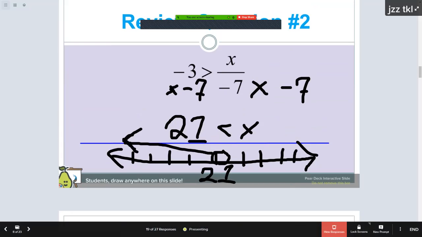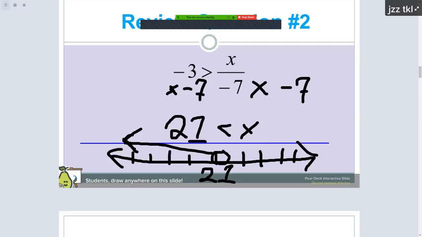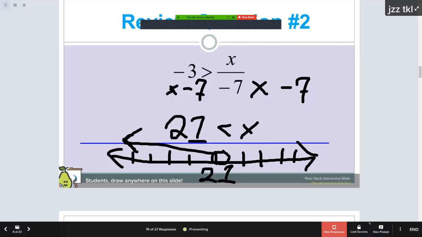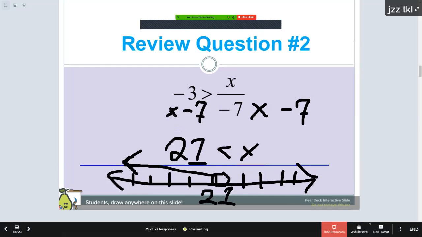That looks like a calculation error, but this person did flip the sign. So that part's good. And you told me where I got the calculation error wrong, or you're not talking about mine? I don't know if this is yours or not. You guys can't see which one I'm talking about? Yeah, this one's mine. That's what I was asking.